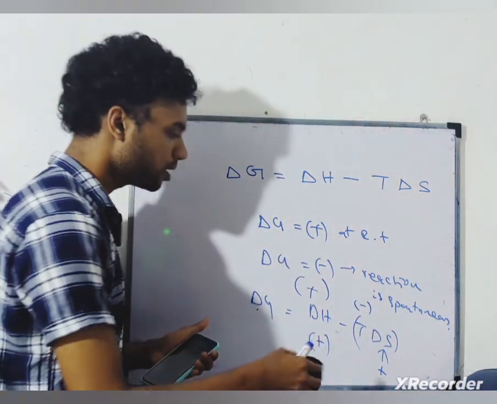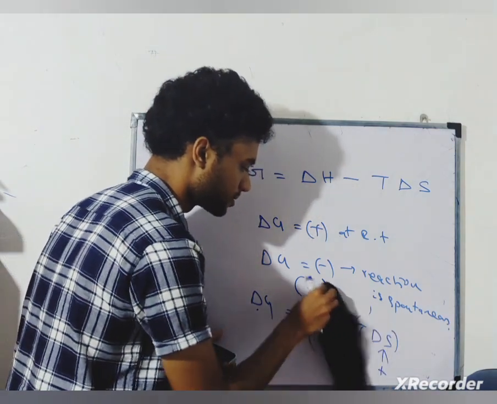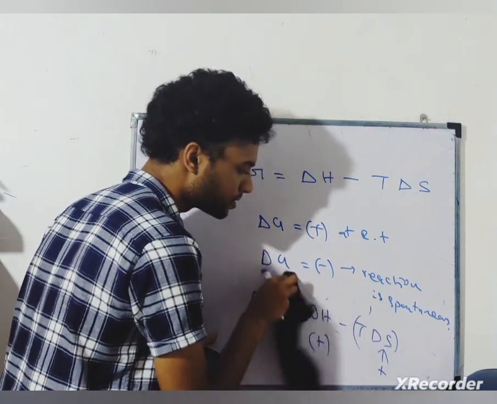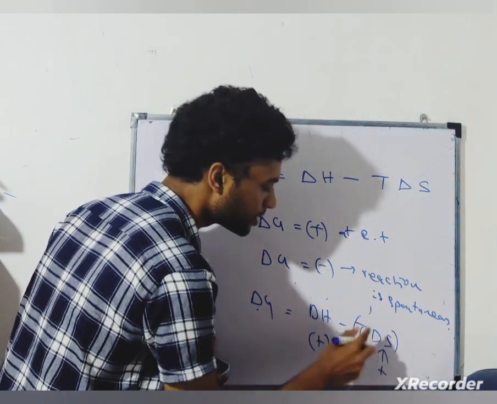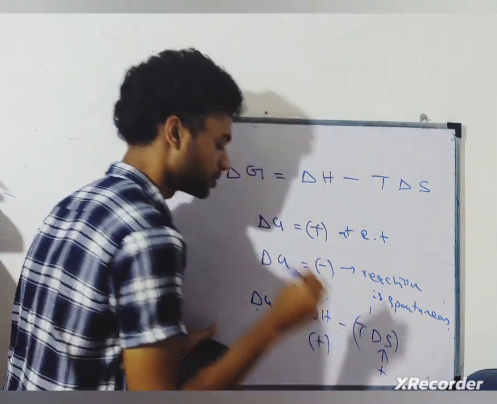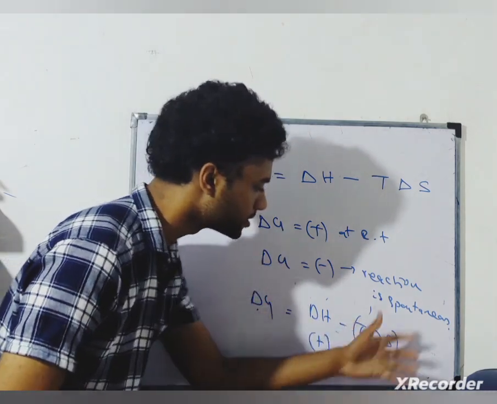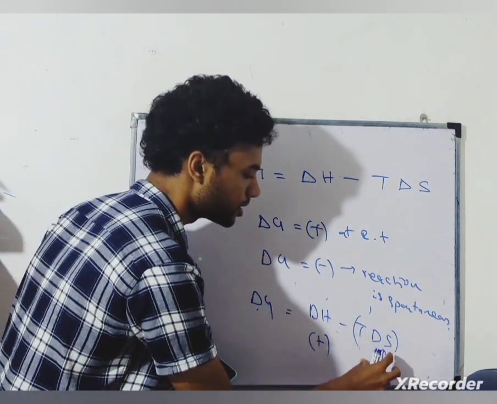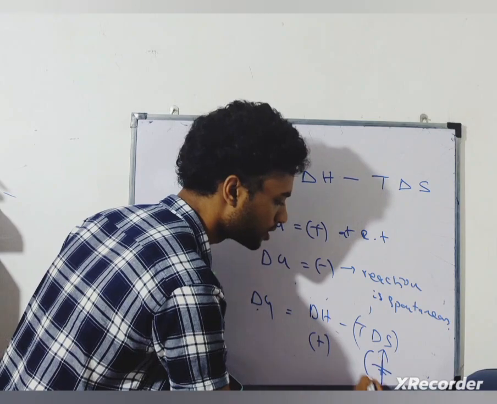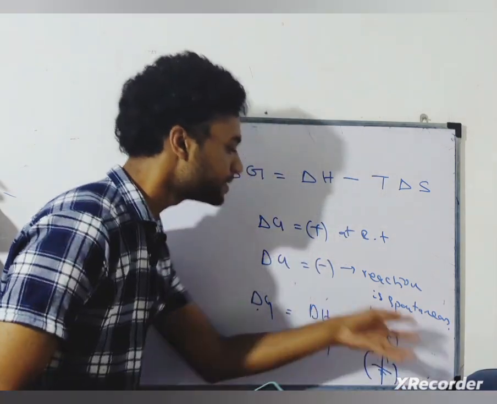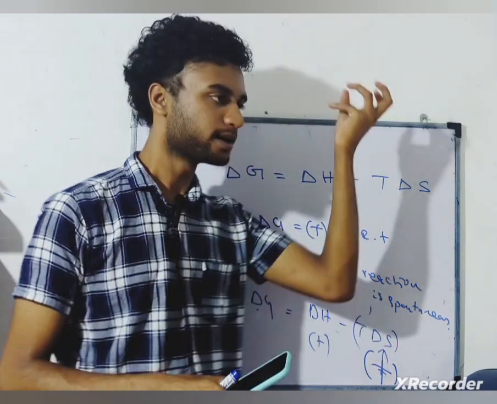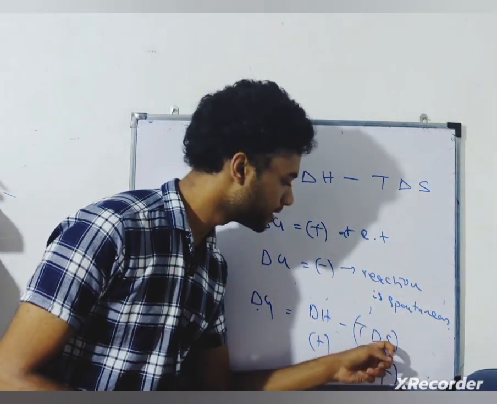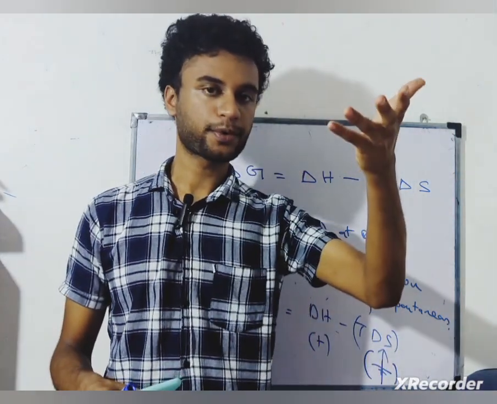Now, can you understand this logic? If I can make this entire term T delta S a large positive value, then minus T delta S is a large negative value. If the temperature is higher, T delta S becomes a large positive value.